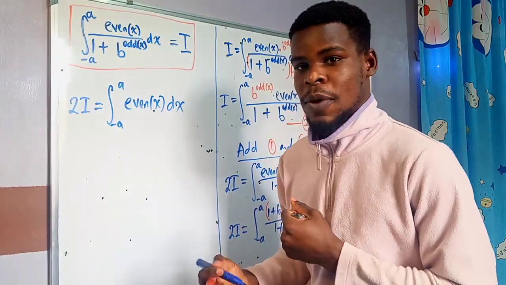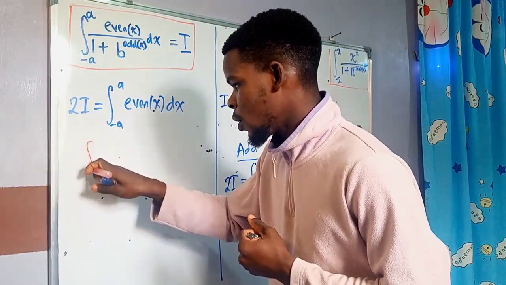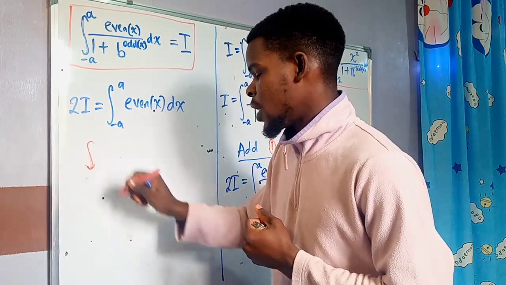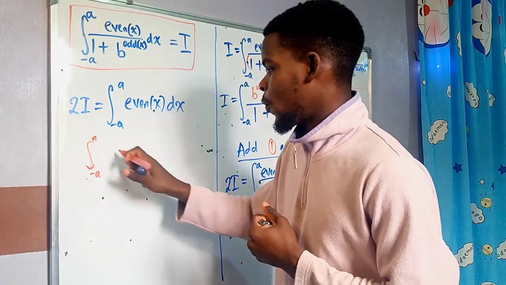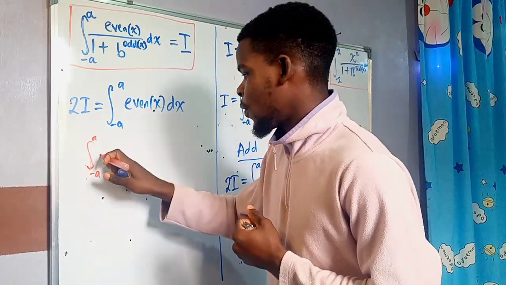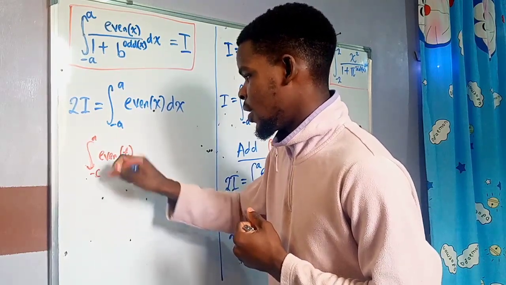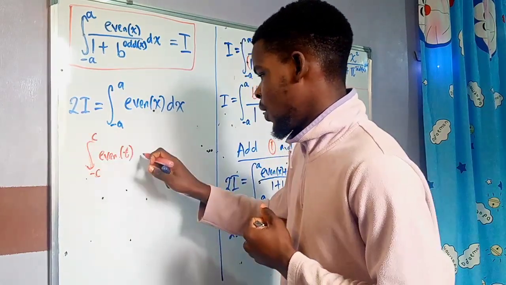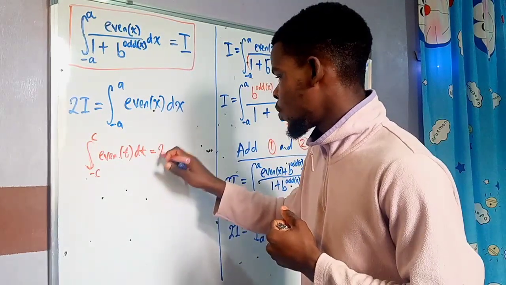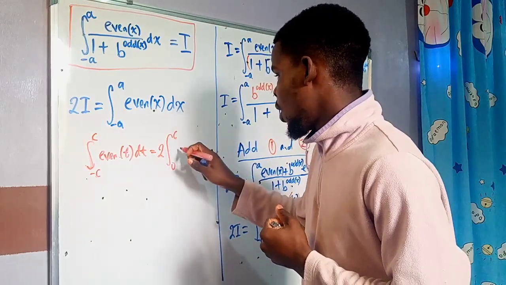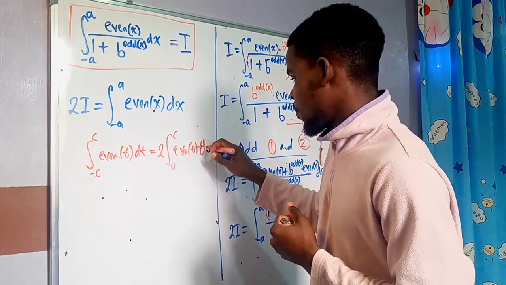I would like to use another property of definite integrals, that if we have to find the integral of a symmetric interval, let's say from negative c to c, maybe let me just call this c, let's make it different a little bit, of an even function of t, dt, this in fact is the same thing as 2 times the integral from 0 to c of that same even function of t, dt.